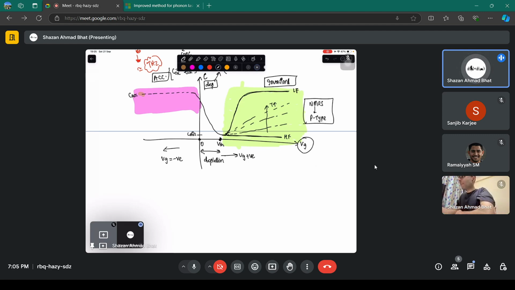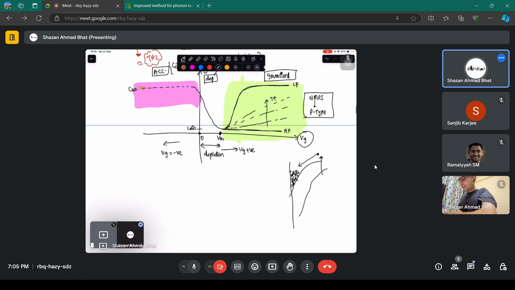Even if you have applied the high frequency, this will still increase in the upward direction if you increase the temperature, because more electrons will get generated. That is as simple as that. More electrons will get generated in the inversion region. This is the inversion region. Here you get more electrons generated, they will drift down, and they will increase the charge concentration. So that is the overall effect.